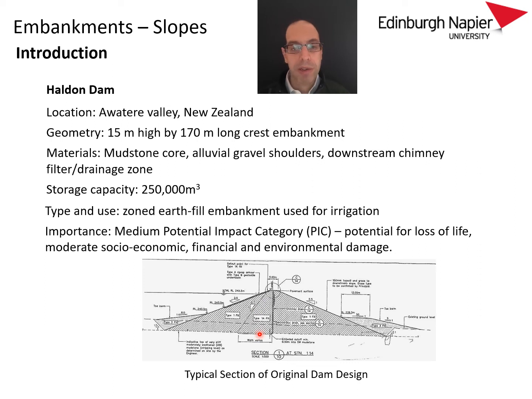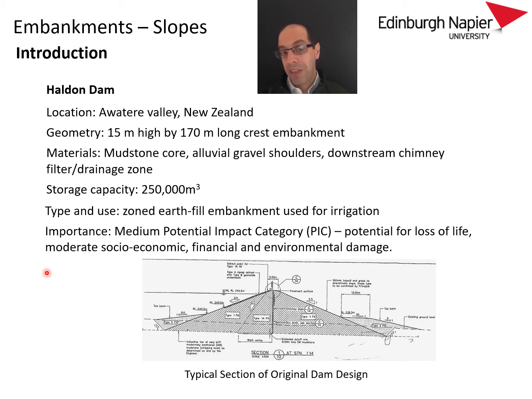The purpose of that dam is water storage, used mainly for irrigation, and it has a capacity, as you can see, of 250,000 cubic meters. As a result, it has been classified in the New Zealand Code of Construction as a medium potential impact category.